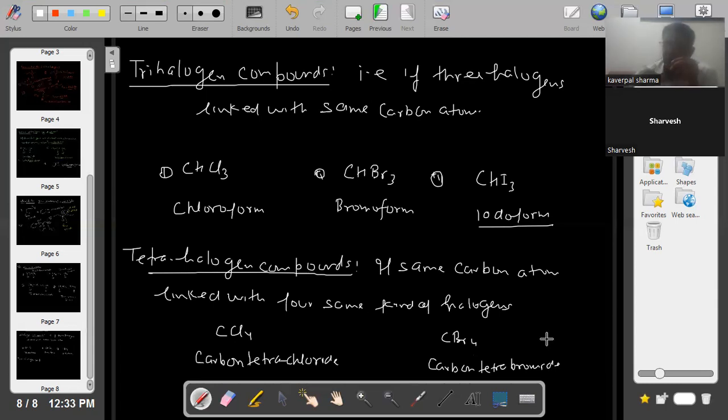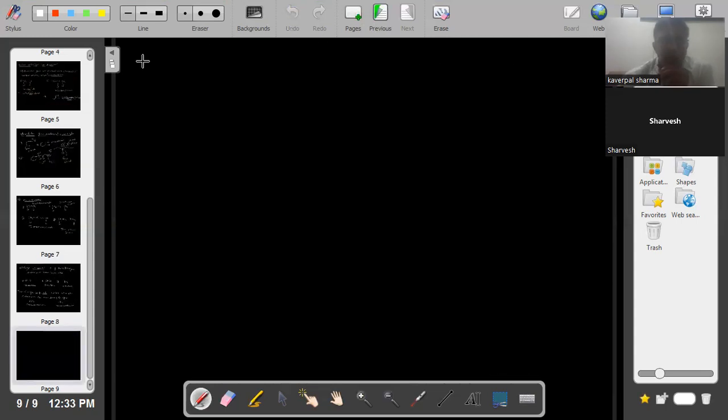These polyhalogen derivatives you can also write in two different ways. Now, polyhalogen derivatives also you have to write.